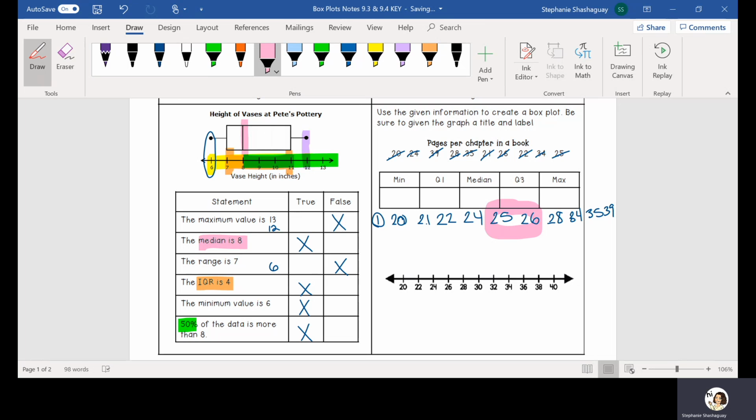To find my median, I need to add 25 plus 26 and divide by 2, and I get 25.5. So that is the median for this set of data. So I can put my line there. Okay, median 25.5.